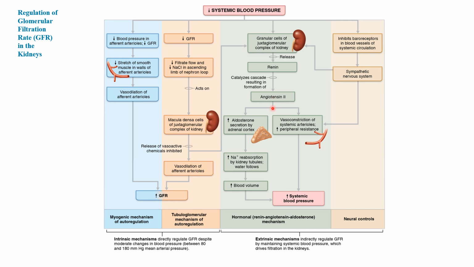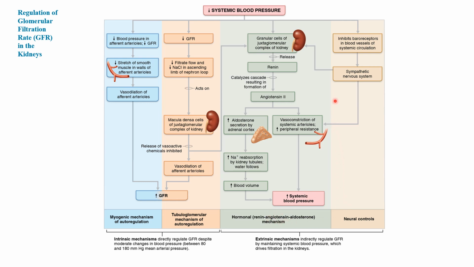Then we know it also acts via aldosterone, which is secreted by the adrenal cortex, and that aldosterone causes the increased absorption of sodium from the kidney tubules, and water loves sodium. So when sodium is reabsorbed, water follows it, and this increases the blood volume. This also leads to increased systemic blood pressure.